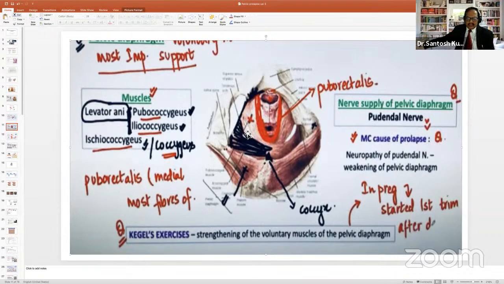So again, emphasis on all these muscles is very vital for prevention of prolapse, and any type of stretching, such as abdominal or ovarian tumor, ascites, obesity, chronic cough, chronic constipation, repeated labor, or obstructed labor, can affect this nerve and muscle, which can lead to prolapse.